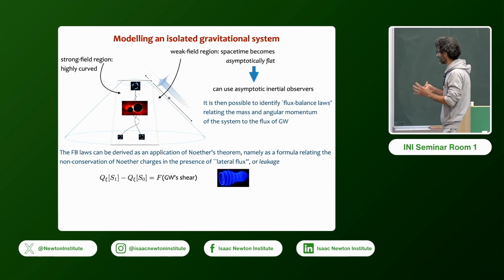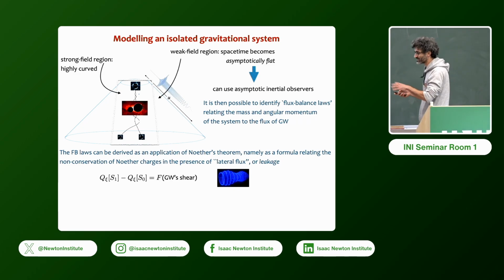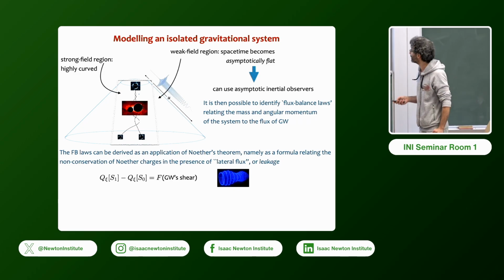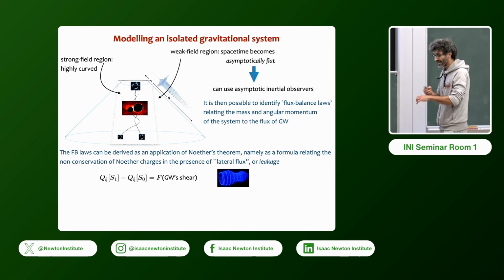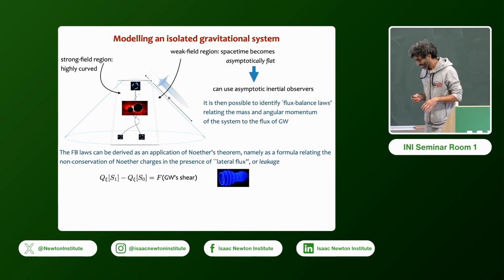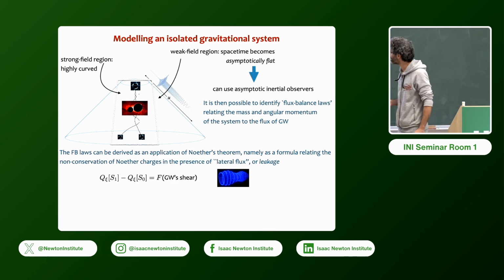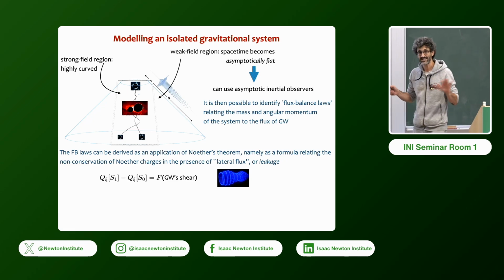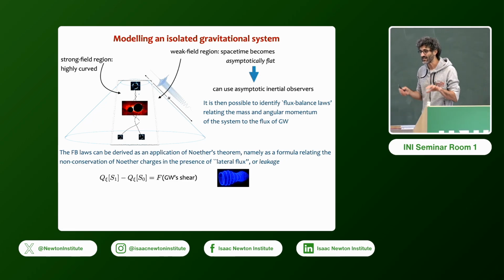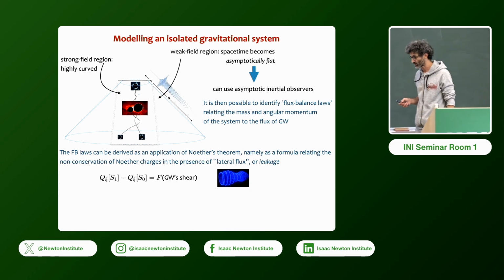Typically you imagine some interesting gravitational dynamics going on, like coalescing black holes, where spacetime is highly curved and the description is very complicated. But if you are far enough away from the source, then spacetime becomes asymptotically flat, and that gives you access to the standard notion of inertial observers.